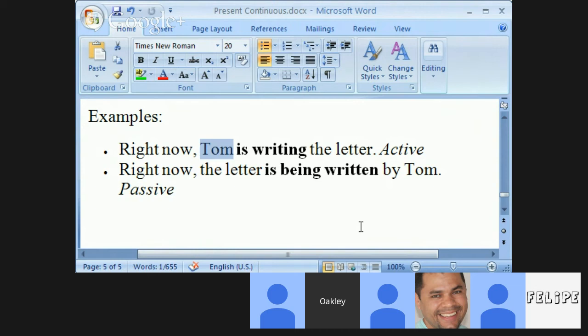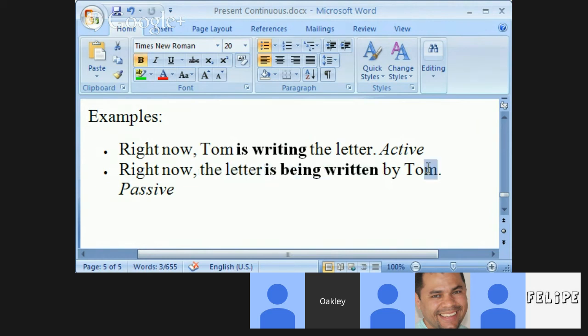Whatever the case, we don't care about who's actually doing it. What we care about is the action is being done to the subject noun in a passive sentence. So in this case, we take our object noun, the letter, again, our time phrase. The letter is being written. The action's happening to the subject.